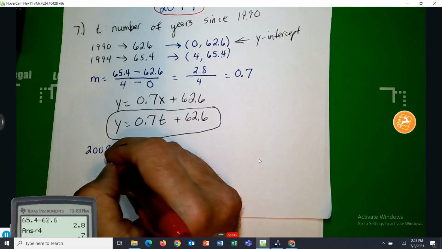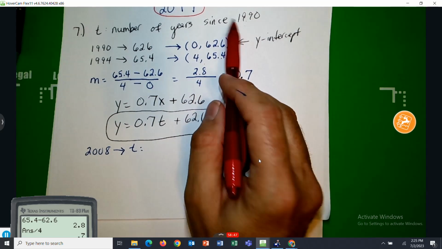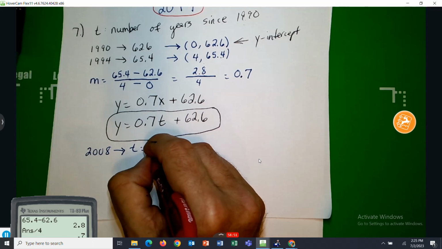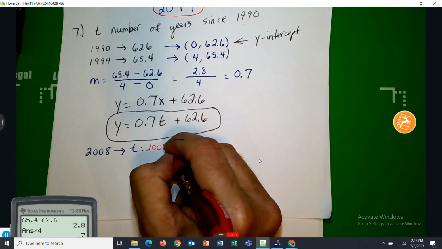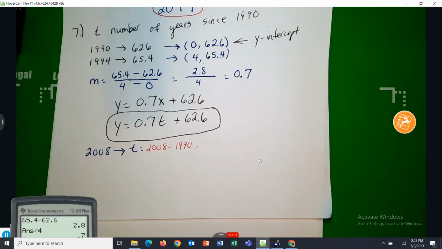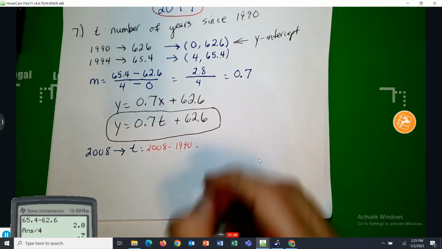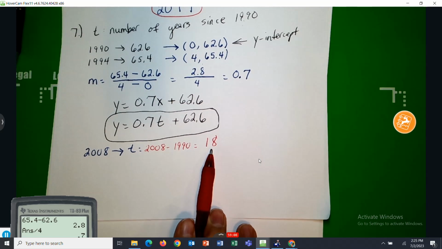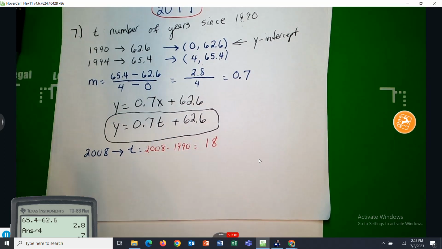Well, how many years since 1990 has it been if it's in the year 2008? Well, 2008 minus 1990, is that going to be 18? So 18 years after 1990. So we'll plug an 18 in for t.